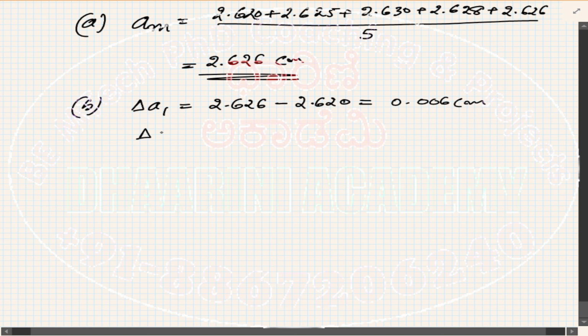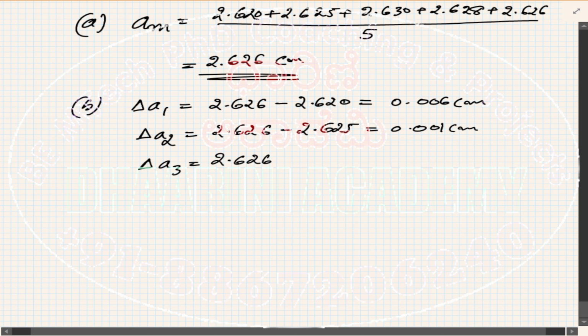So delta A2 is the same 2.626 minus the measured value, 2.625. Correct? So this is 0.001 centimeter. Similarly, delta A3 is the mean value 2.626 minus the value we got, 2.630. So this is minus 0.004 centimeter.